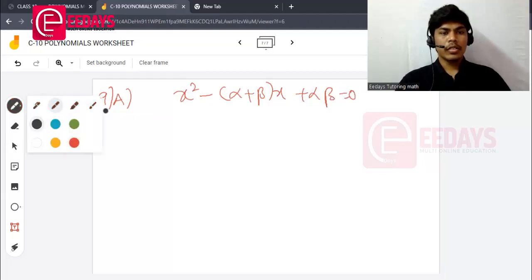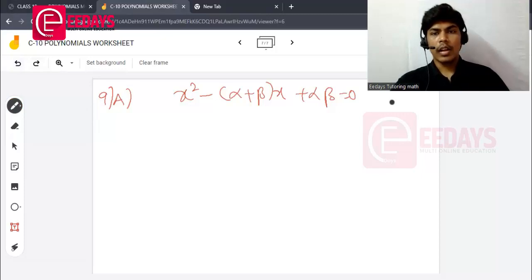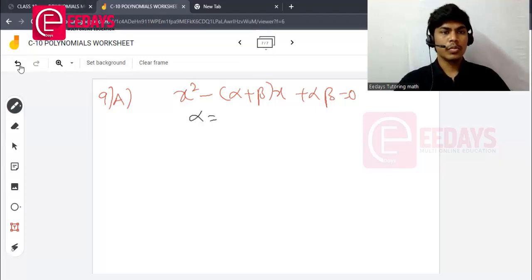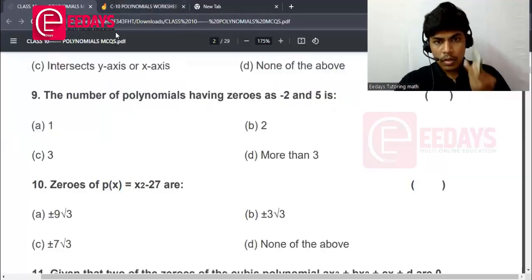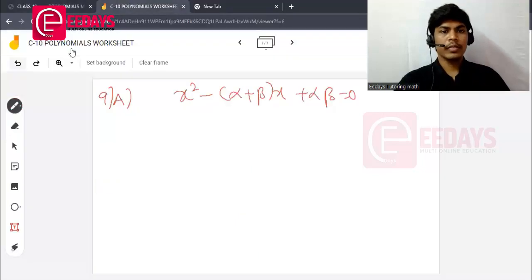Here the given alpha is equal to the two zeros -2 and 5. Alpha is equal to -2 and beta is equal to 5. You just substitute over there.